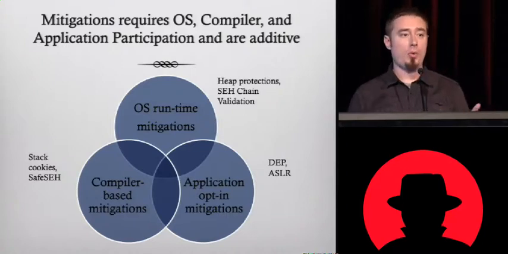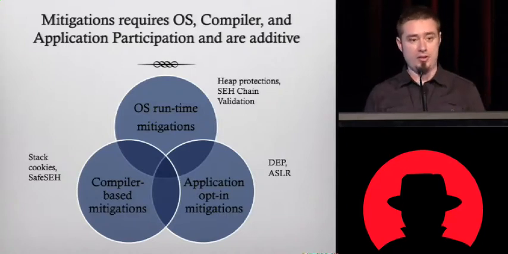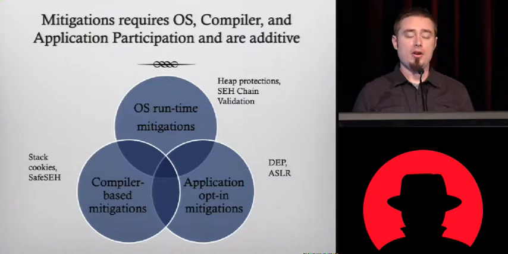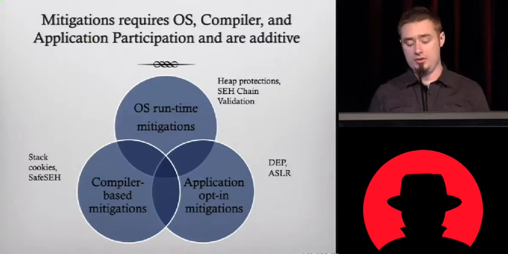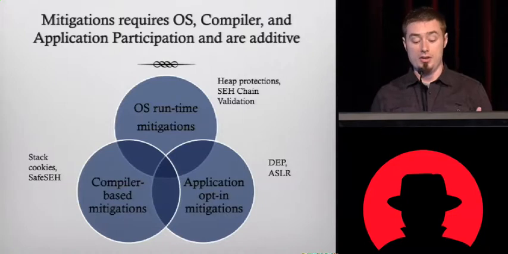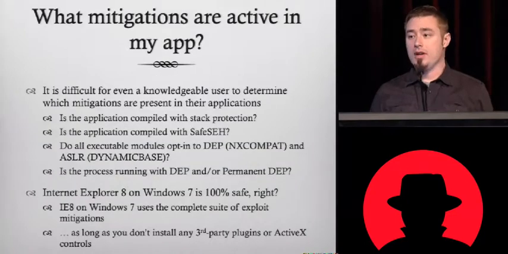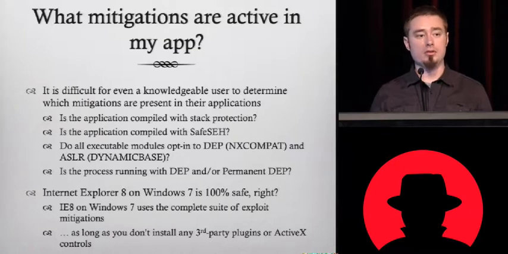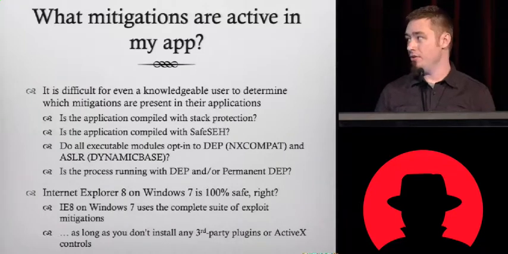And there are others that require recompiling your code, such as stack cookies, safe SEH. And then some others that require the application to opt in. Even though they are provided by the operating system, it isn't going to force it on every application. So DEP and ASLR in particular on Windows need to be opted in by the application. And for end users, say you're an IT administrator building a golden build for the enterprise, it's actually somewhat difficult for you to go through and find what mitigations are active in your configuration of Internet Explorer.